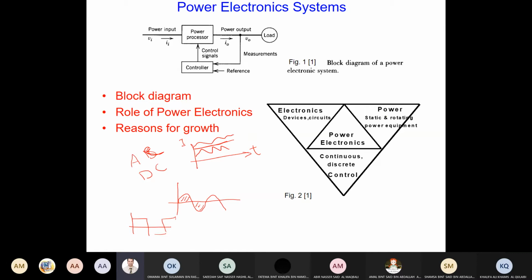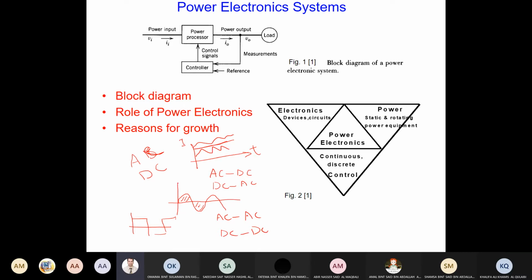Now in power electronics, we have 4 main circuits which we are going to discuss this semester. These circuits convert from one form into another. I will say why, but first we will convert from AC to DC, from DC to AC, from AC to AC, and from DC to DC: 4 converters.